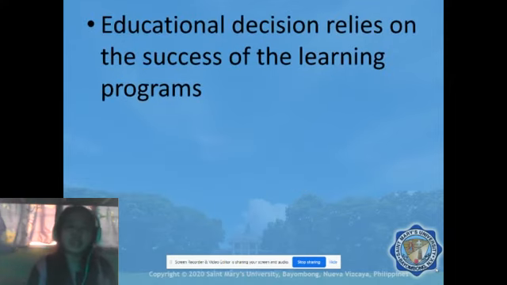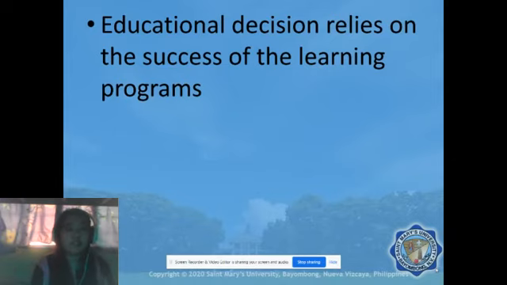Okay, so what can assessment do? So actually, we do assessment because educational decision relies now on the success of the learning programs. So we assess because we need to make a decision now whether to continue using the intervention or whether to continue using the particular school program.